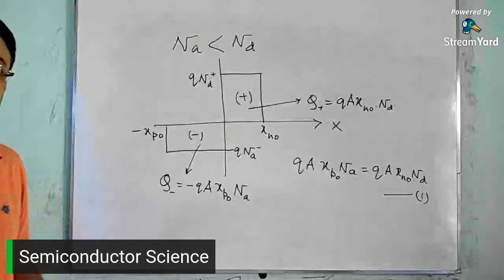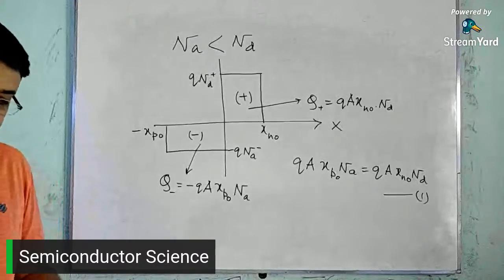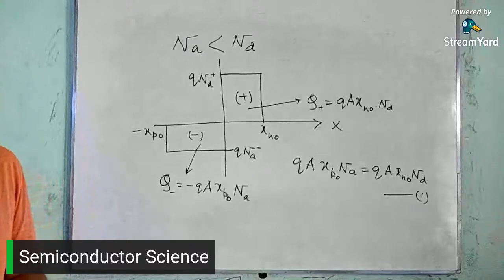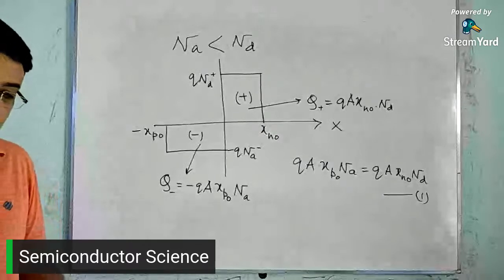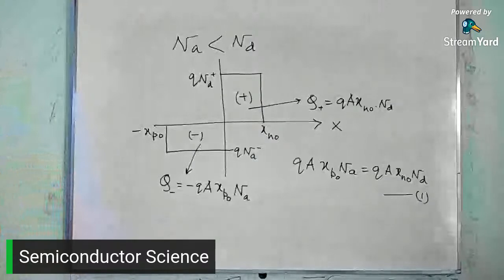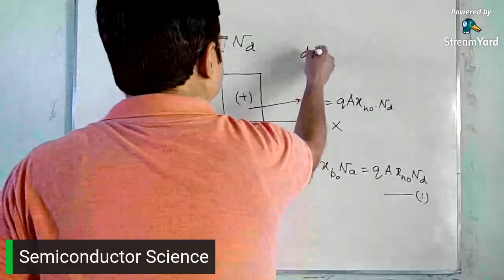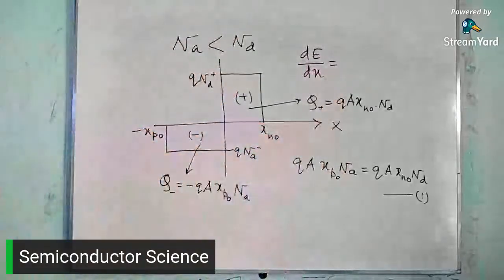For this, we consider Poisson's equation, which relates the gradient of the electric field, dE/dx, to the local space charge at any point x.